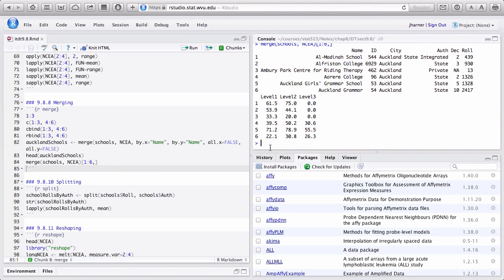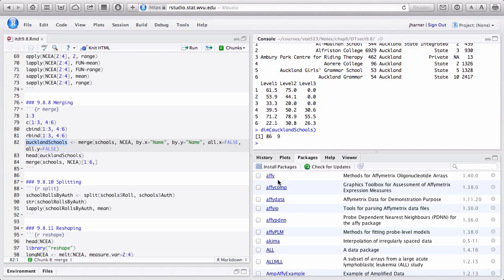If I look at the dimension of Auckland schools, maybe I should. Is that the merged one? Yeah. It's 86 by 9. So notice, because I didn't keep all the information, it just merged the relevant information from the schools, and it didn't have the schools that were not part of the NCEA data set.